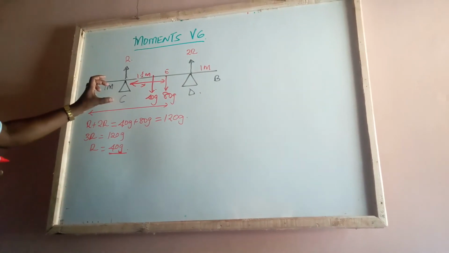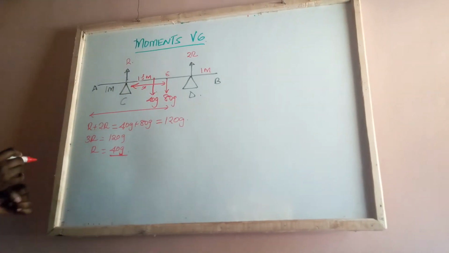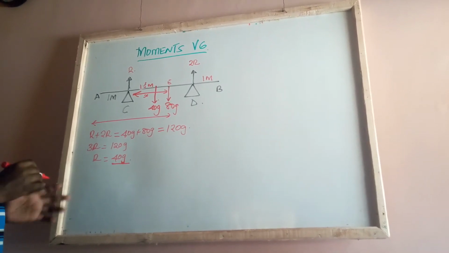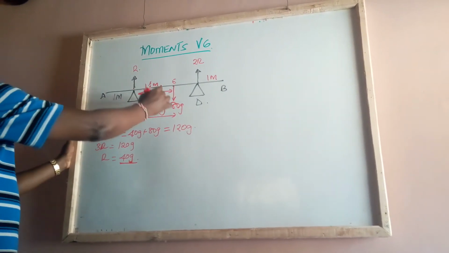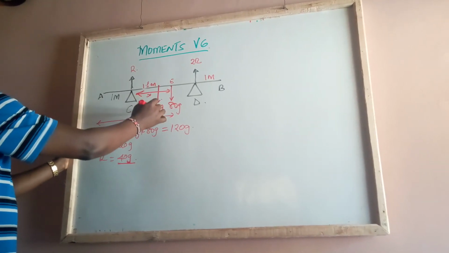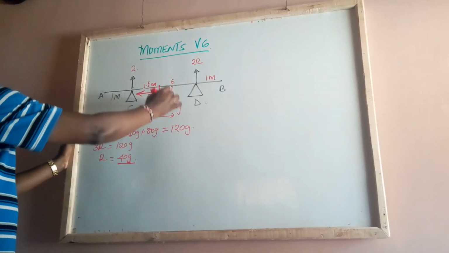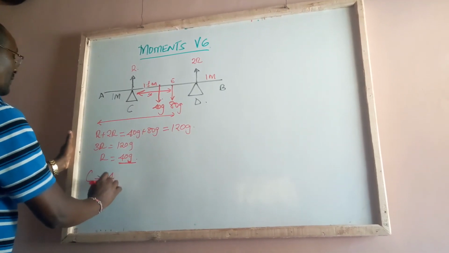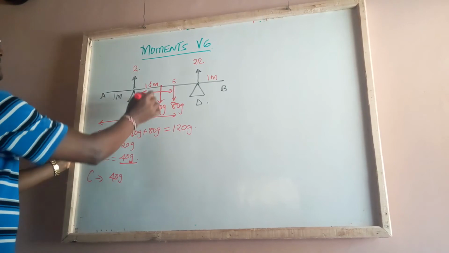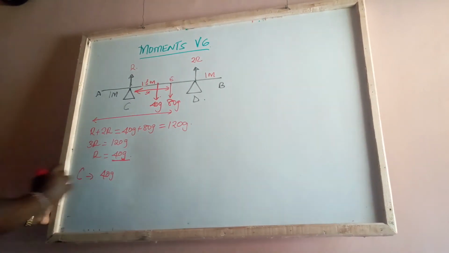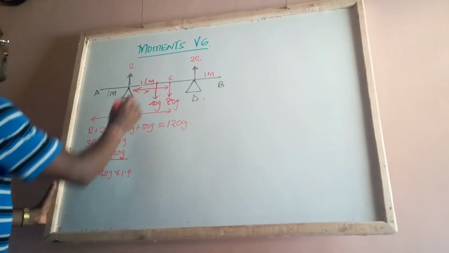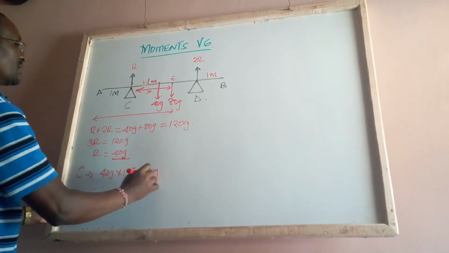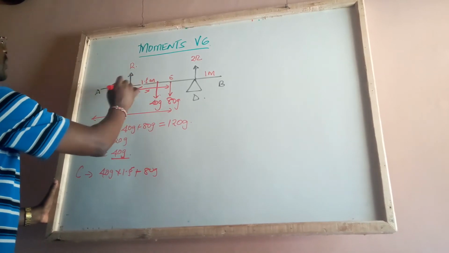And if C is the rotating point, then we need to get moments about C. And the moment about C, clockwise moment, is affected by the 40G and the 80G. So the clockwise moment is 40G times 1.5, because of this distance, plus the 80G times X, which we don't know.